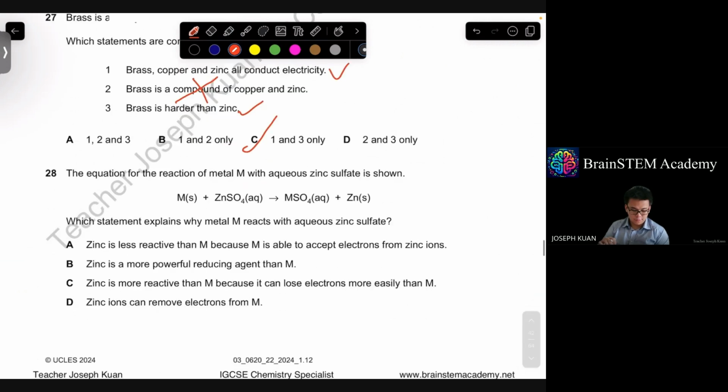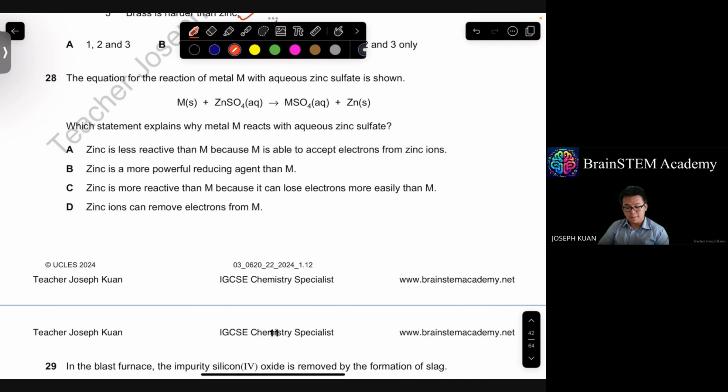Moving on, 28. The equation for the reaction of metal M and zinc sulfate is shown. Which statement explains why metal M reacts with aqueous zinc sulfate? Because M is more reactive than zinc. So we see that this is a battle for positivity. This is a displacement reaction involving making of positive ions.